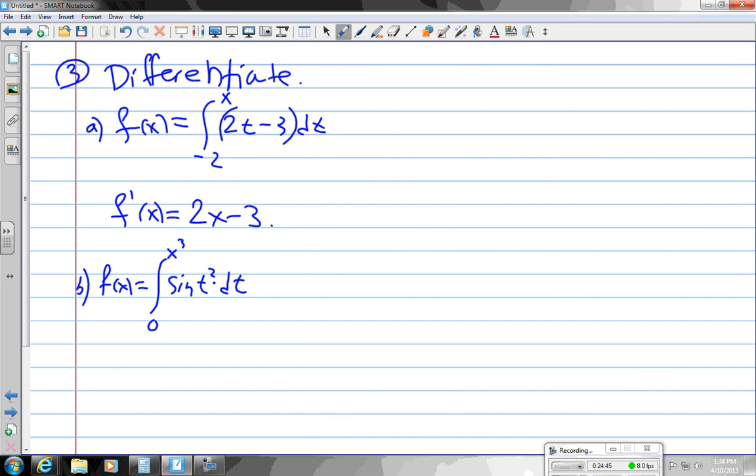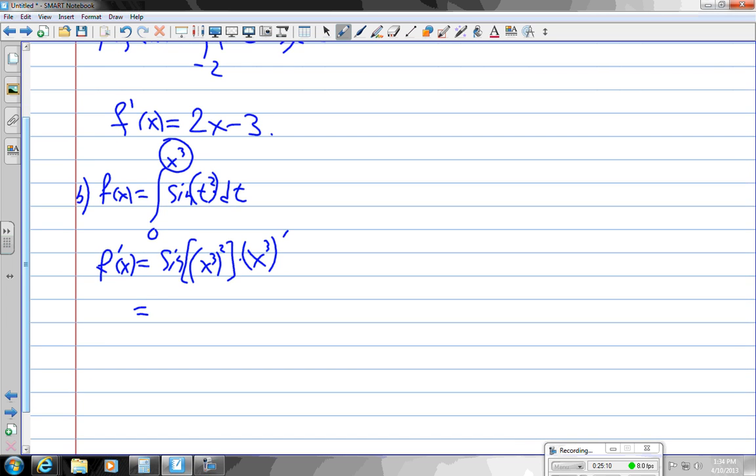But if we follow the same theorem, then the derivative is whatever this function is evaluated at that upper limit. So that's sine of x cubed squared, but then by the chain rule, times the derivative of that function. So that is 3x squared sine of x to the power 6.